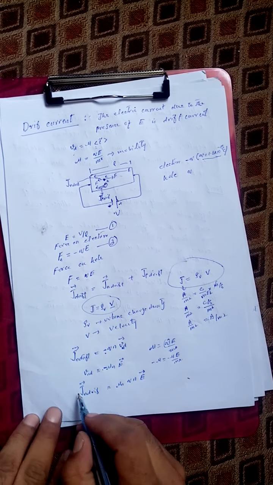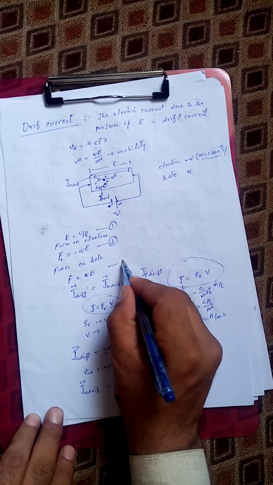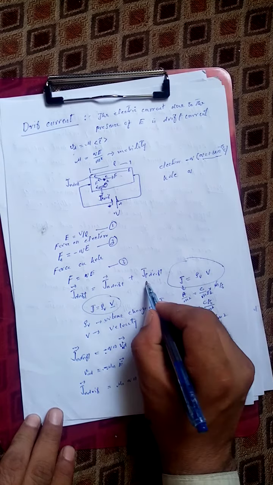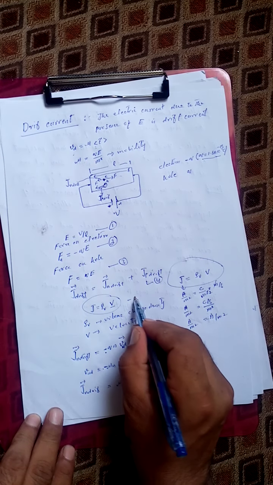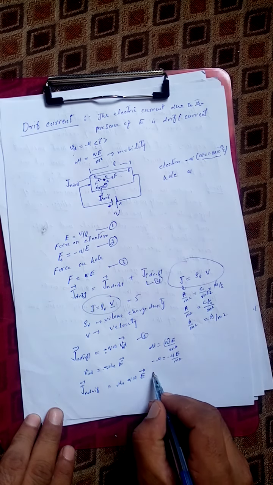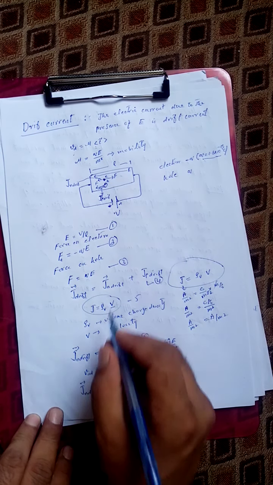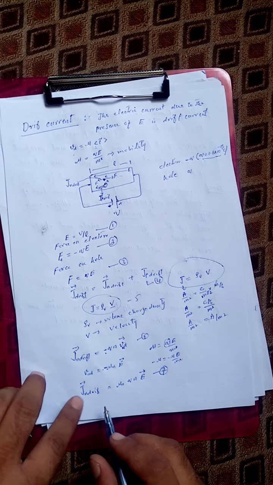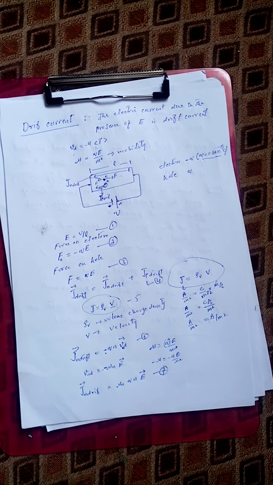Let's suppose this is equation 2, 3, 4, 5, 6, and this is equation number 7.